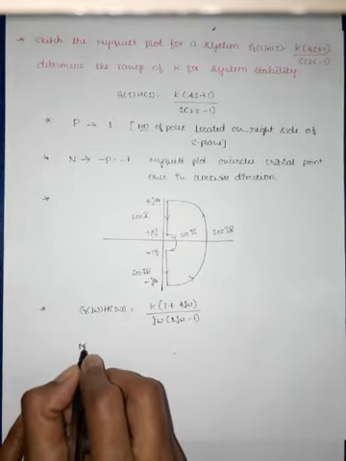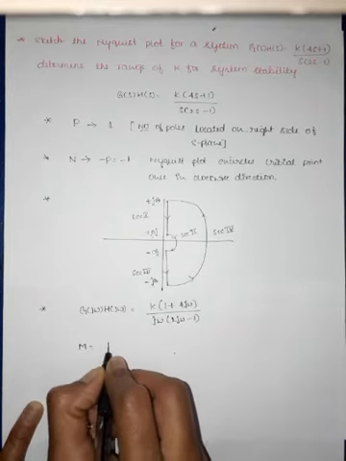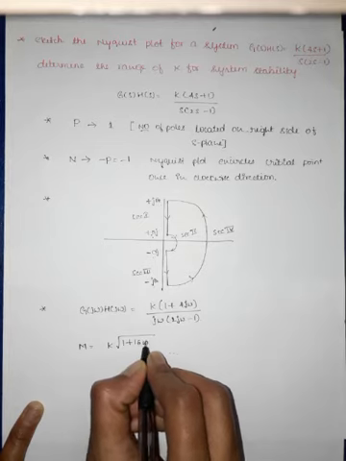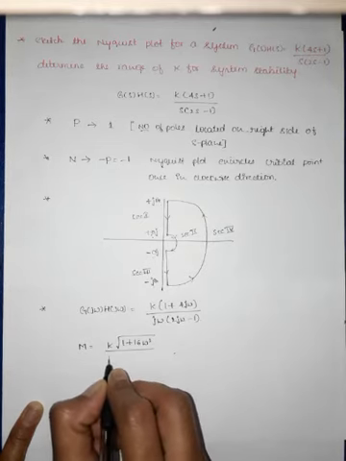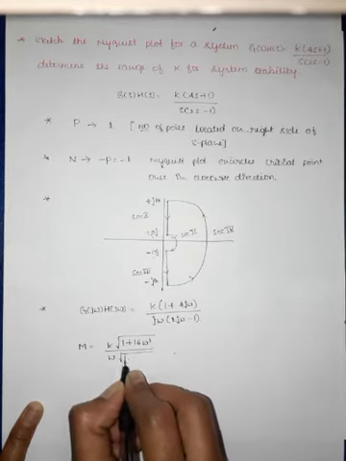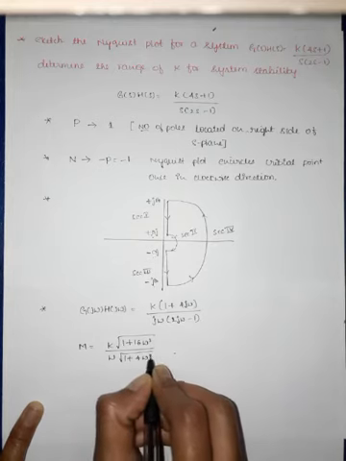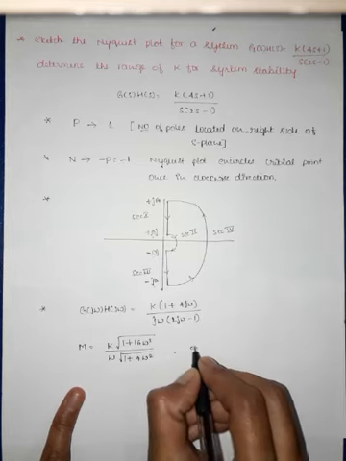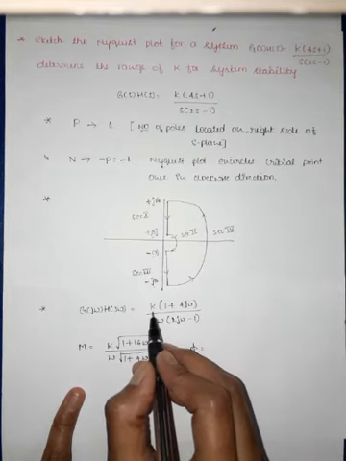The magnitude value will be K times root of (1 + 16 omega square) divided by omega times root of (1 + 4 omega square). This is the expression for the magnitude.